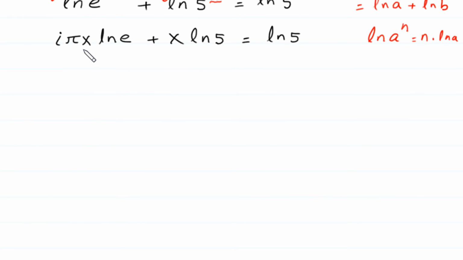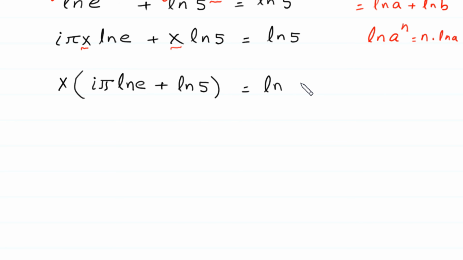Now from here we can factor out x. x times, in bracket, i times pi times ln of e plus ln of 5 is equal to ln of 5.